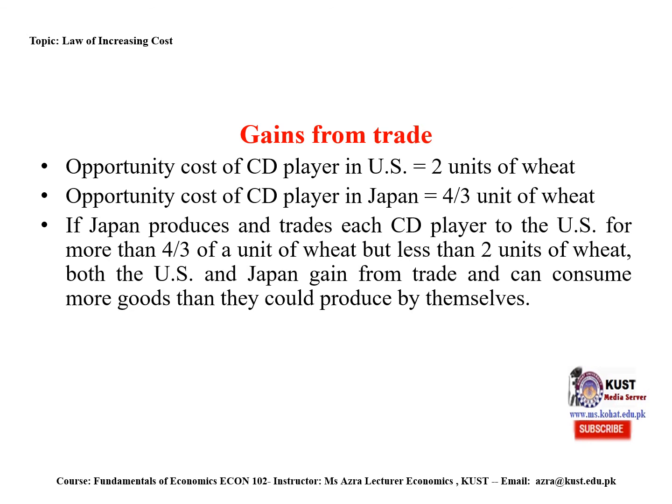Now, if Japan produces and trades each CD player to the US for more than 4/3 of a unit of wheat but less than 2 units of wheat, both the countries gain from trade and can consume more goods than they could produce by themselves.